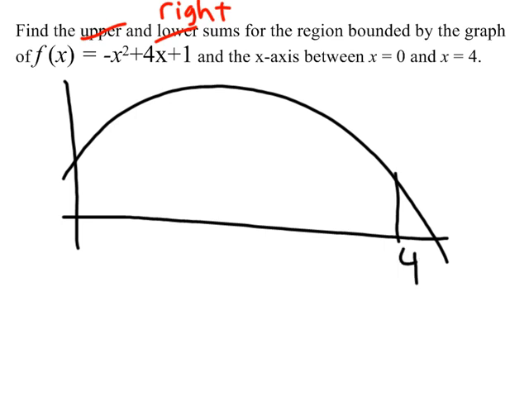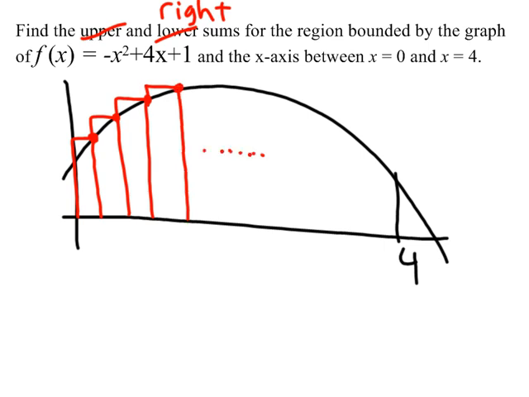We need to divide this into a bunch of n rectangles, and we're going to make it a right sum. So let me draw those as right sum rectangles. Notice it's going through the right corner of the rectangle. I'm not going to worry about exactly how many rectangles I draw. I need to remember that it represents n rectangles. And in fact, let me just do a dot, dot, dot. And then I'll pick up here and again do some right rectangles.